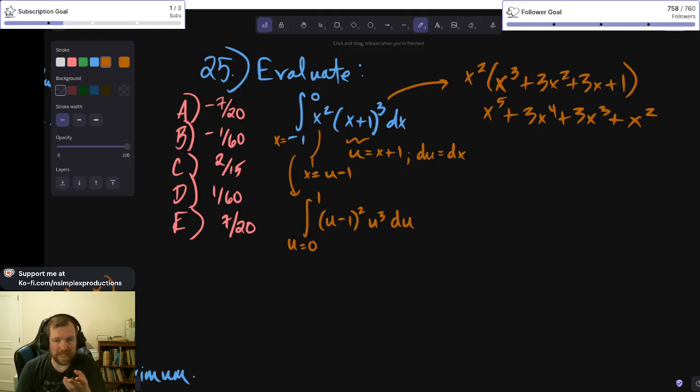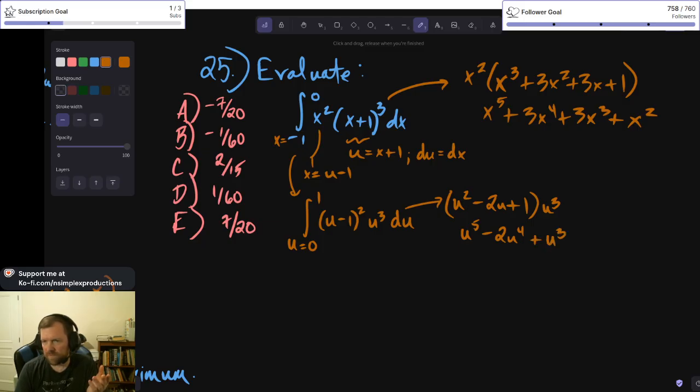So, again, if we were to expand this out, this is u squared minus 2u plus 1. And then we're multiplying by u cubed. So this is going to be u to the 5th minus 2u to the 4th plus u cubed.